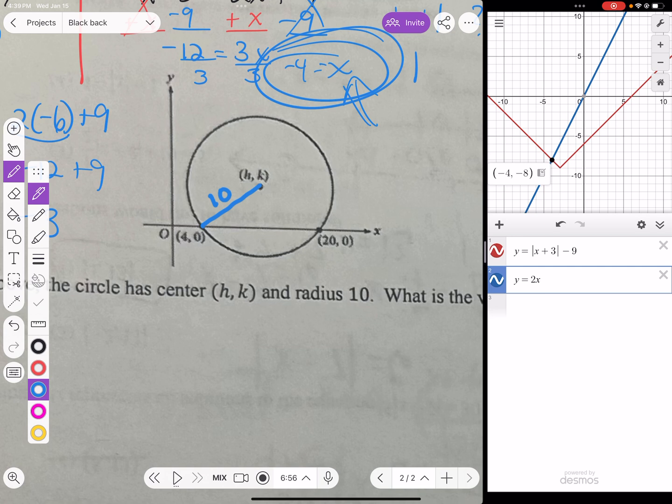I'm just playing with this drawing to see if there's a quick way to solve this thing. I'm just playing with this 10.